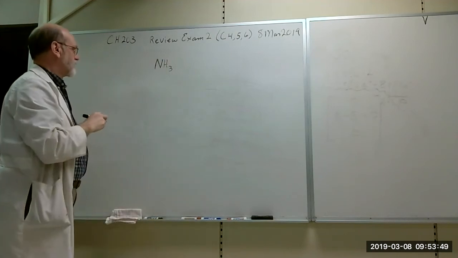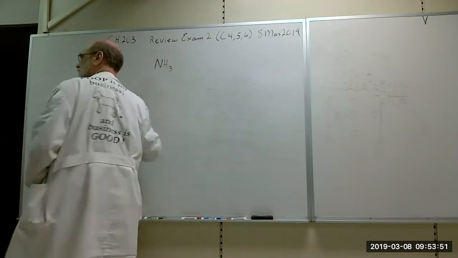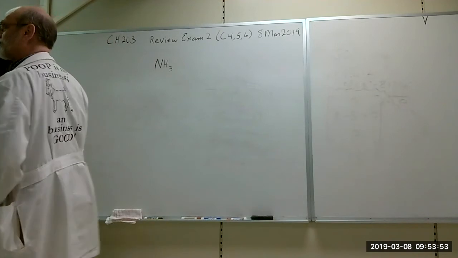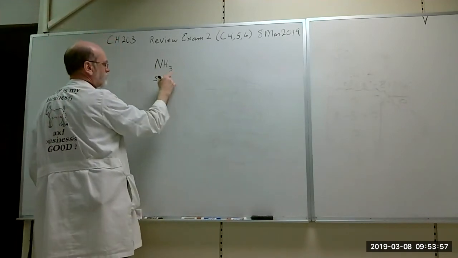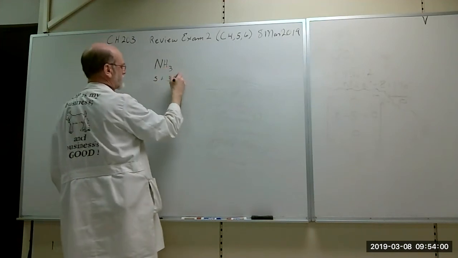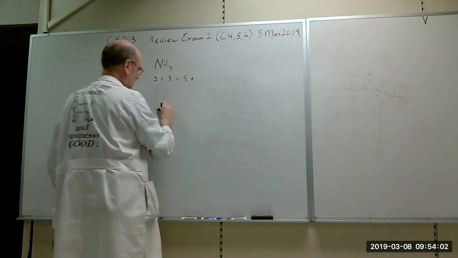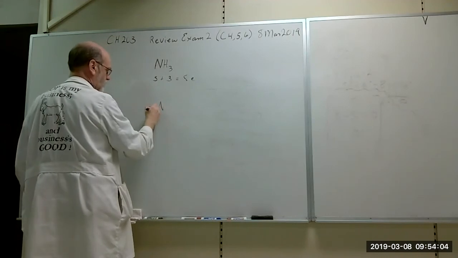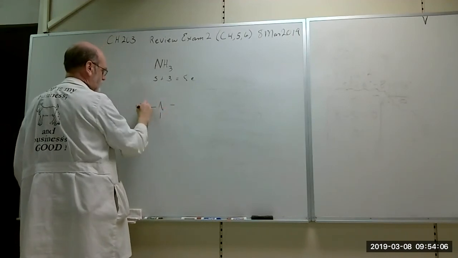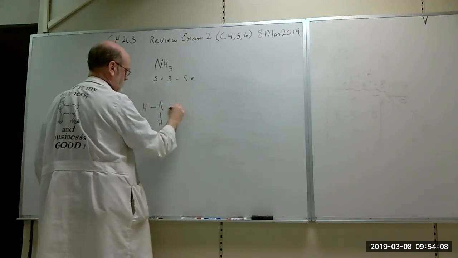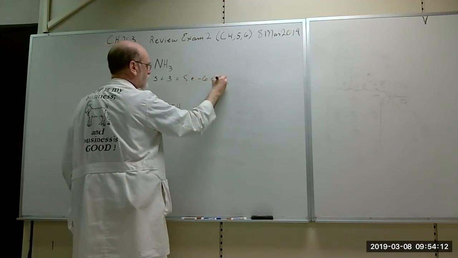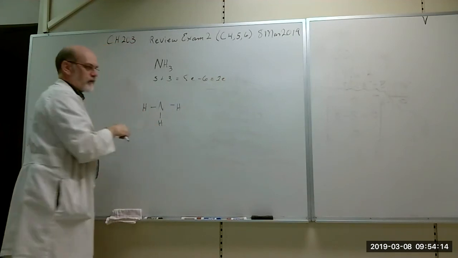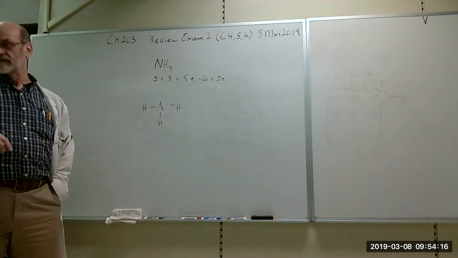Okay? So nitrogen, let's draw the Lewis dot structure. Nitrogen has 5 and 3, 1 for each hydrogen. So that means we have 8 electrons. Okay, so nitrogen, like that, 2, 4, 6. So we have 2 electrons left over, and hydrogen doesn't accommodate any more, right?